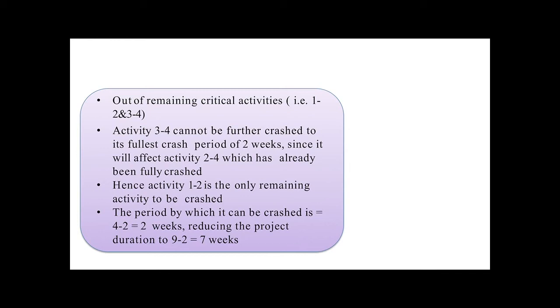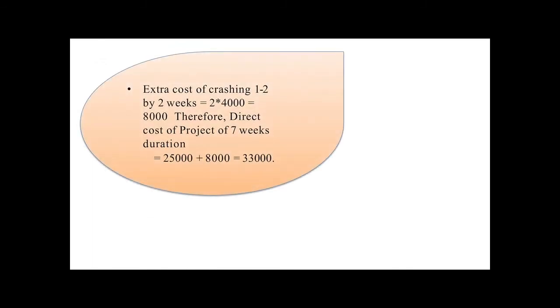Now only activity 1-2 remains, and it can be crashed by 2 weeks. By crashing it by 2 weeks, the project duration is reduced to 7 weeks. But this will also increase your cost. The cost slope was 4000, so 2 into 4000 is 8000.